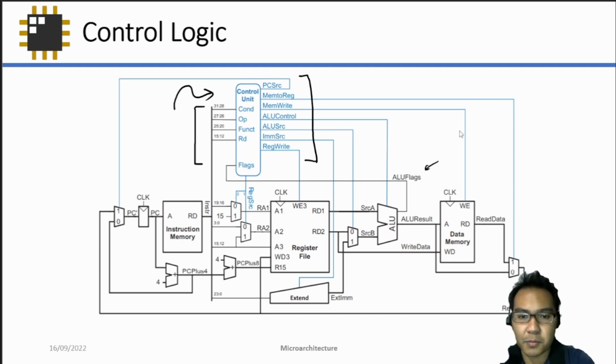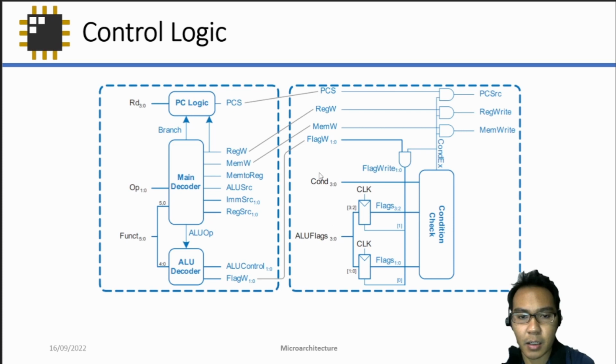So you can see that over here. You have registers storing the flags over here. So this is one possible implementation of the control. They make it here in terms of many different blocks like PC logic, main decoder, ALU decoder, but personally I would build it monolithically after these two ALU flags stuff.